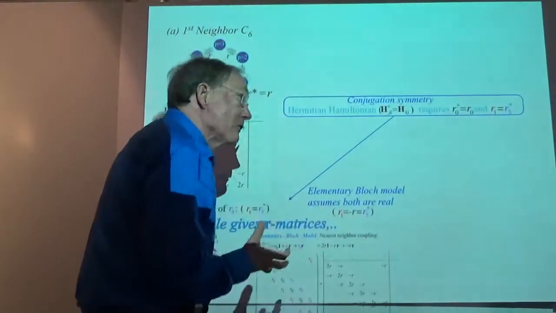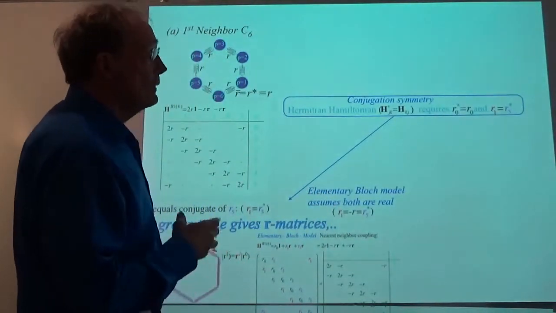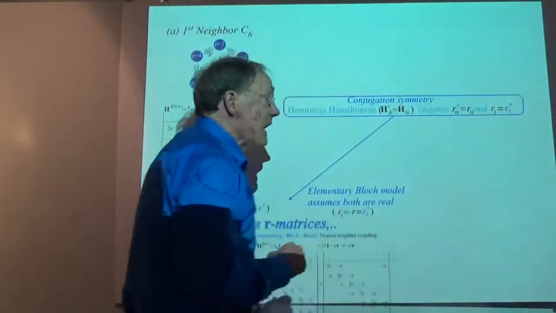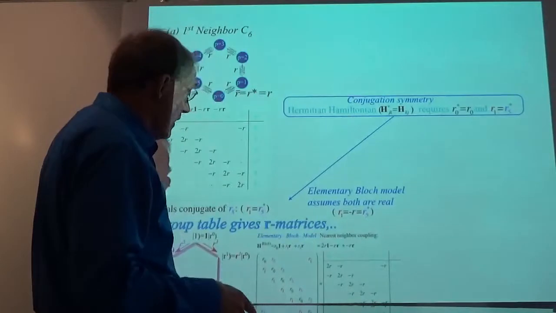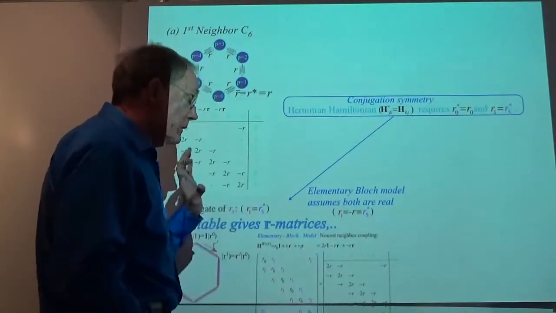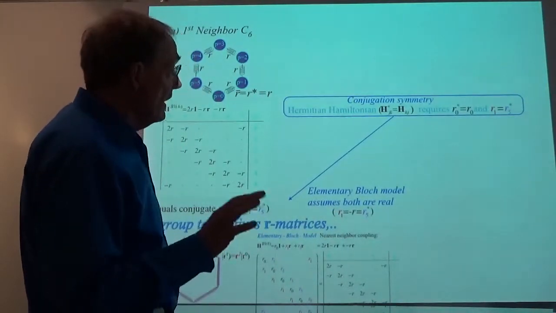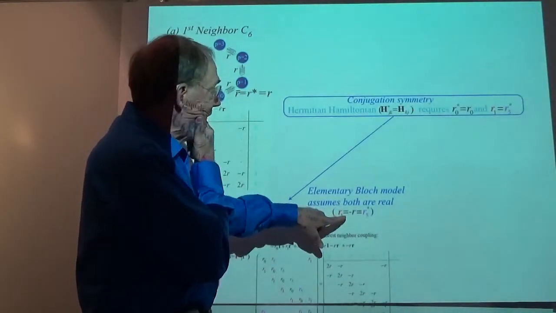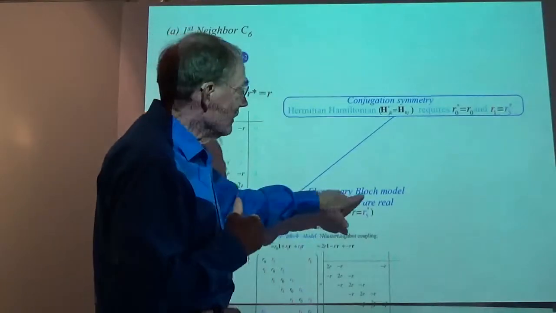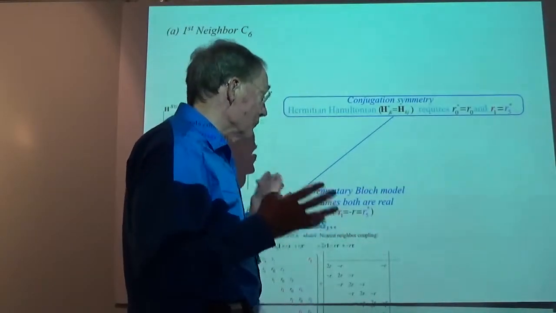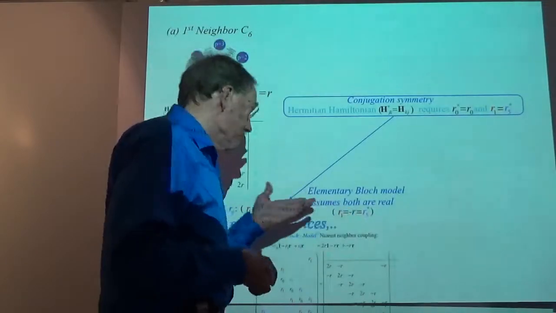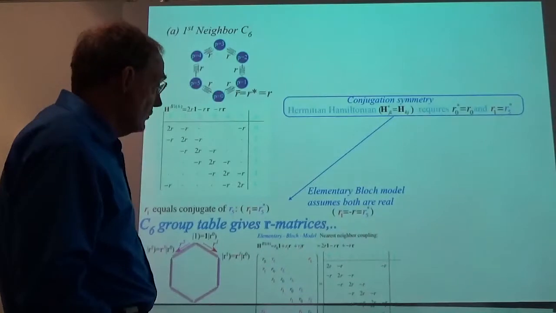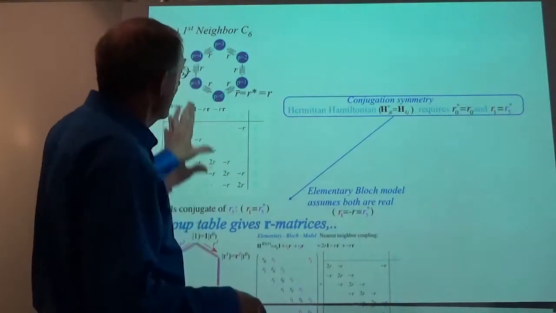But R1 itself does not have to be real. If it is real, then it's equal to R5. But if it's not, then both R1 and R5 have what we call a gauge term, and we'll get to that at the end of this block discussion here. So right now, I say the elementary block model just assumes they're both real, and negative. So there is the Hamiltonian that most people would think of if they were thinking of a coupled hexagon.